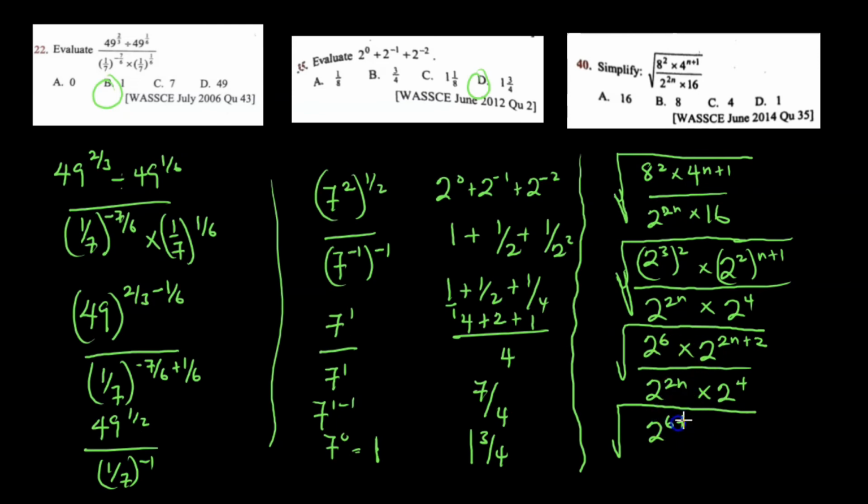So 6 plus 2n plus 2, all over 2 to the power 2n plus 4, because the denominator also has a similar expression. Then moving on, let's move up a bit so that we can have space for the operation.